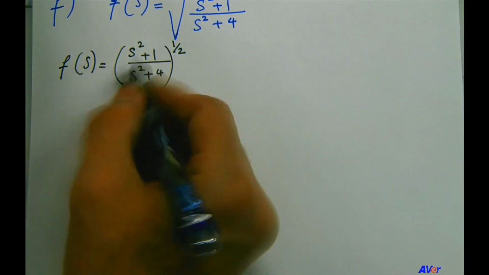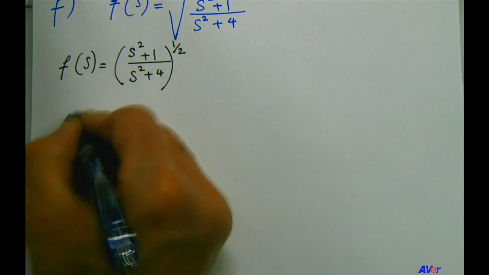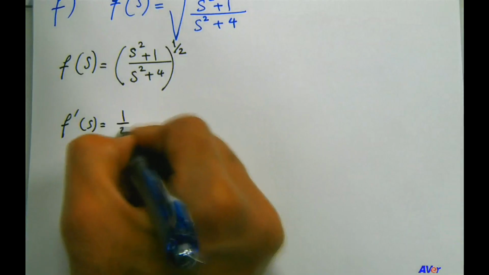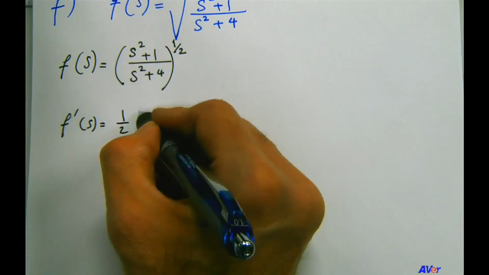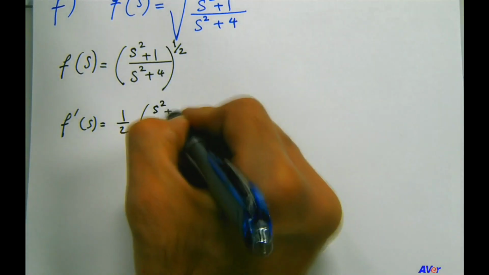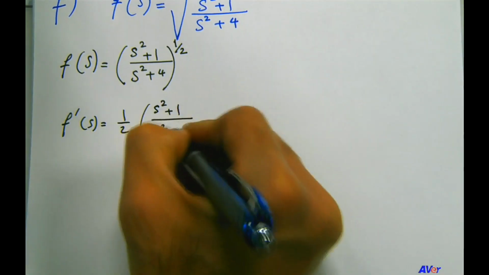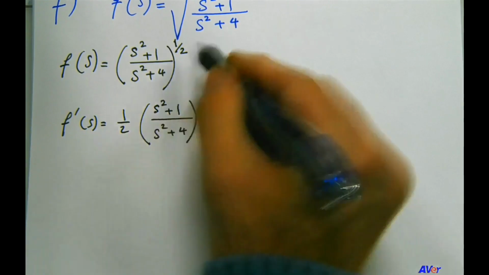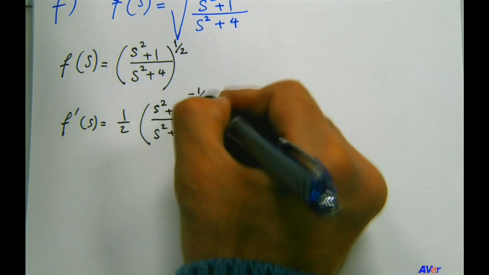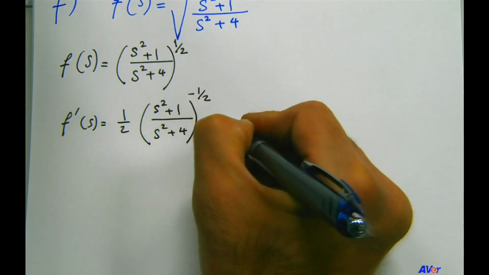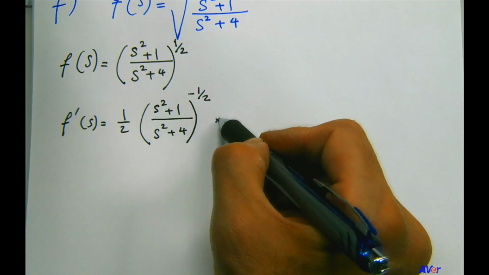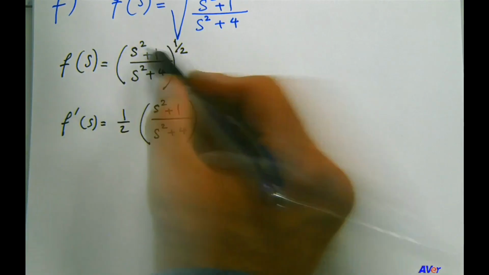And then we can find the derivative, right? So f prime of s is equal to 1/2, put the 1/2 in front, times all of this, reduce the power by 1, 1/2 minus 1 will be minus 1/2, and multiply this whole thing, using the chain rule, by the derivative of what's inside the parentheses.